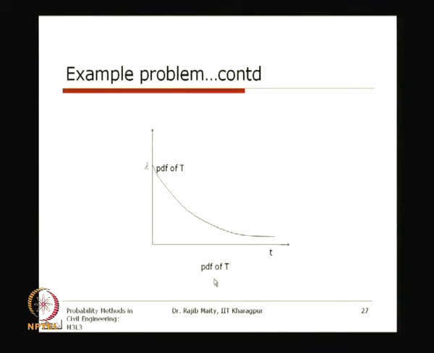This is the PDF of T, whose value at zero is lambda, and it gradually comes down, asymptotically reaching 0 at infinity.